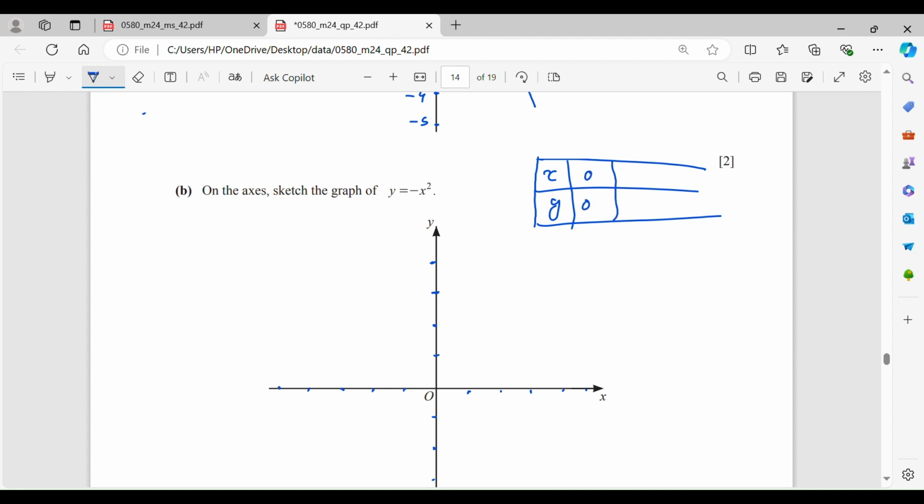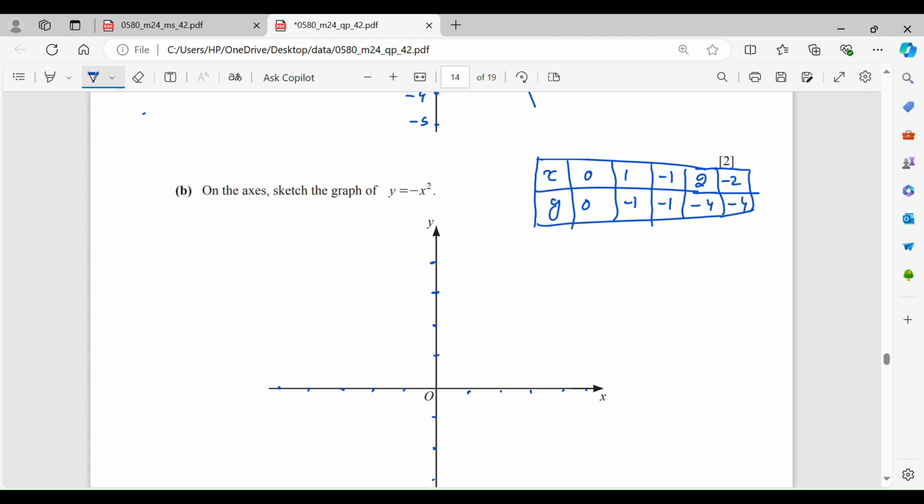When x is 1, y will be minus 1. When x is minus 1, y will again be minus 1. If we take one more point, x is 2, y will be minus 4. For minus 2 also, it is minus 4, right?